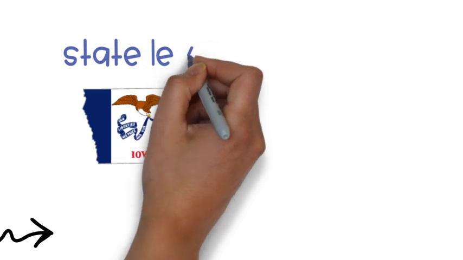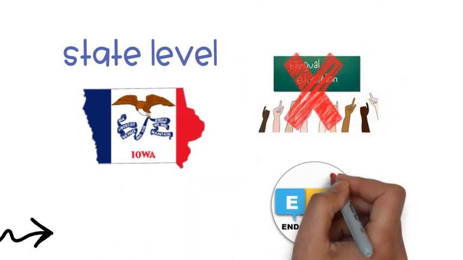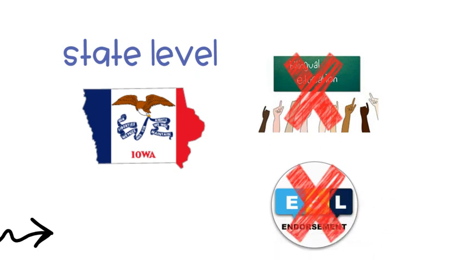At the state level, some states have fought to limit or eliminate bilingual education, while other states either do not offer a bilingual education endorsement or certification for educators. By eliminating ways to acquire an ESL endorsement, there becomes a lack of qualified educators to teach these educational programs.